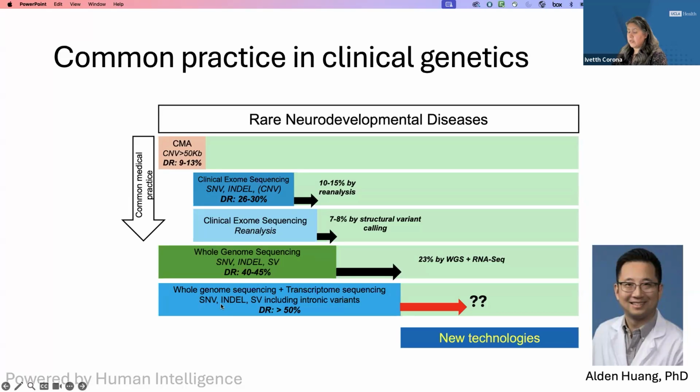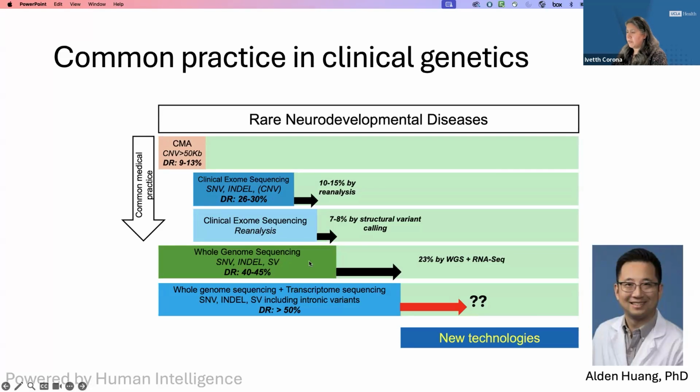And in research, we use on a routine basis whole genome sequencing and transcriptome sequencing together. All of these have, as I mentioned, a diagnosis rate of 50%. But for the other cases that are not diagnosed or solved, what we do is try to identify new technologies that can help us identify the cause of other rare diseases.